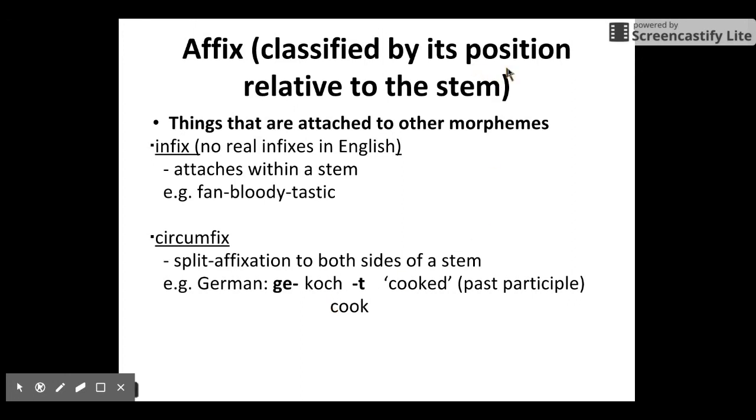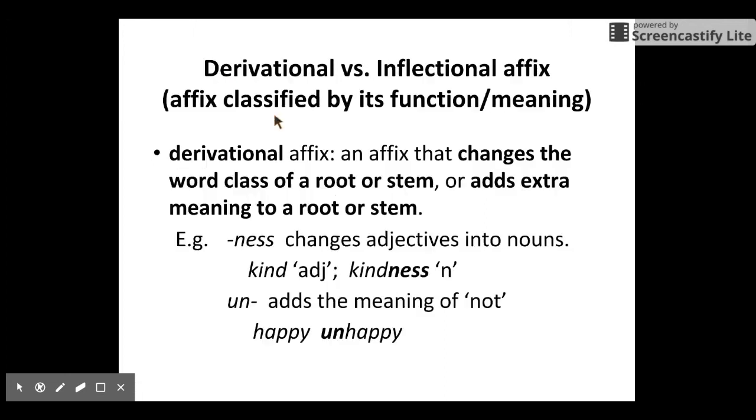So we are using position to classify affix. Now we can use function to define affix as well. So affix can be defined by its function or meaning.